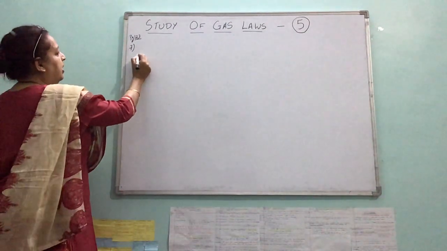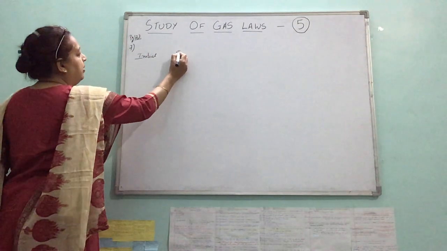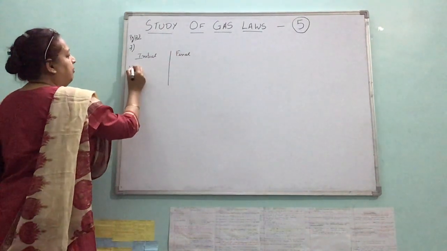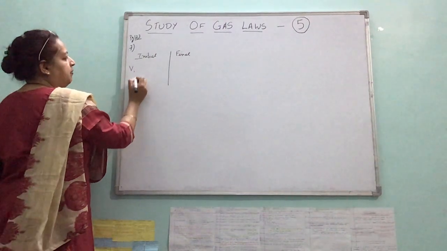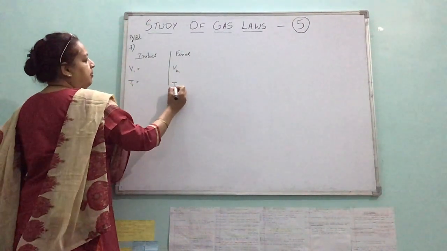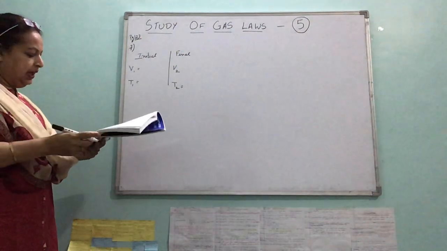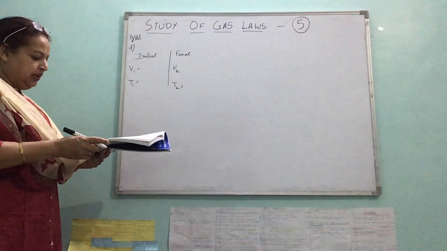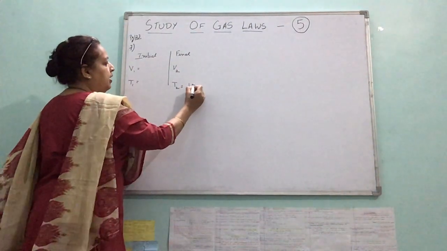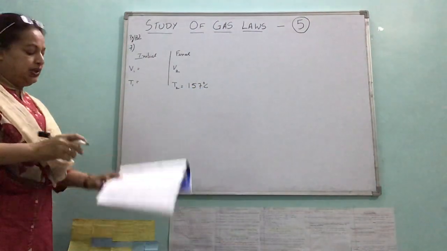So we'll write again the same headings: initial, final, volume and temperature. Pressure is constant, volume, temperature. The gas is to be cooled, and the final temperature is 157 degrees centigrade. Alright, let's read the question again.